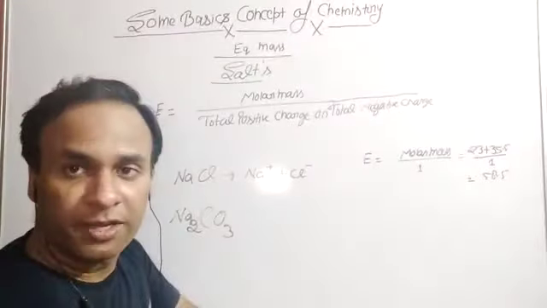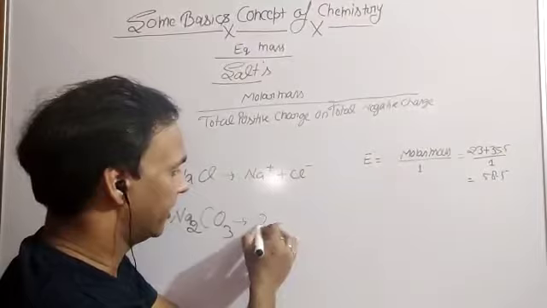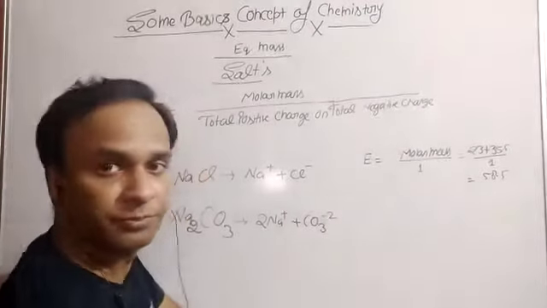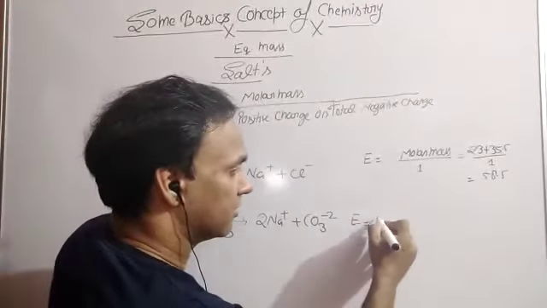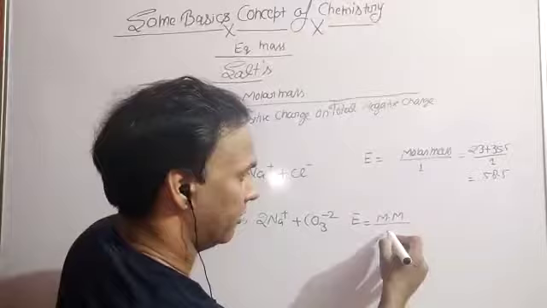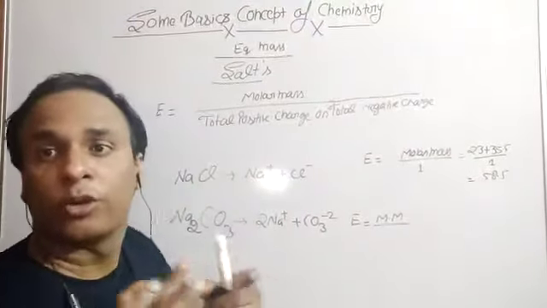When we talk about sodium carbonate, on decomposition it gives 2Na+ and CO3 2-. And the equivalent mass, in the same way, is the molar mass of sodium carbonate divided by either total positive charge or total negative charge.